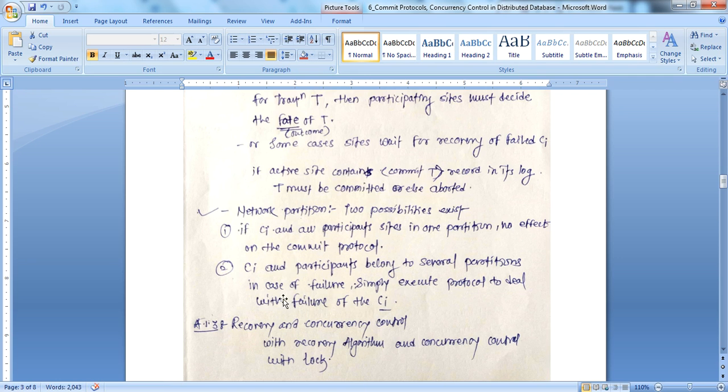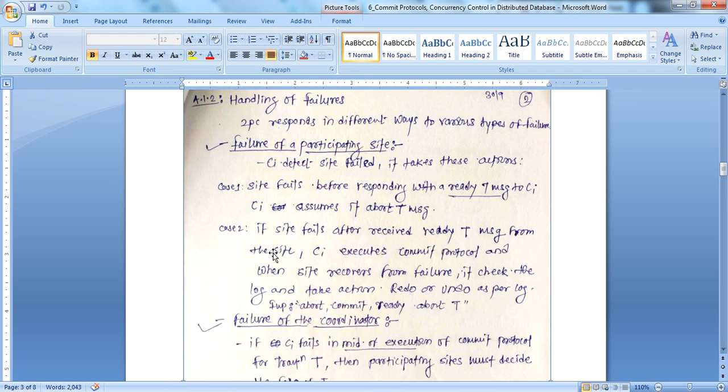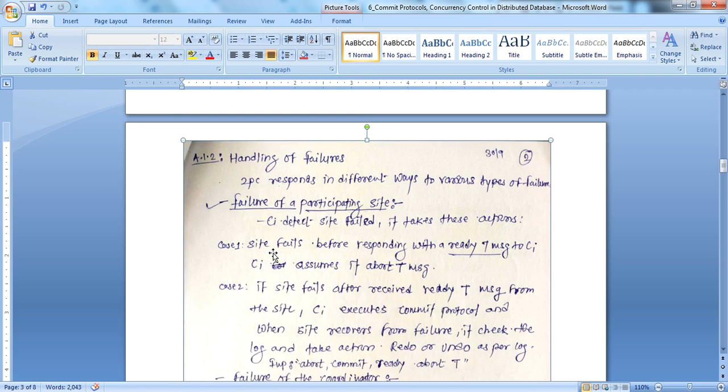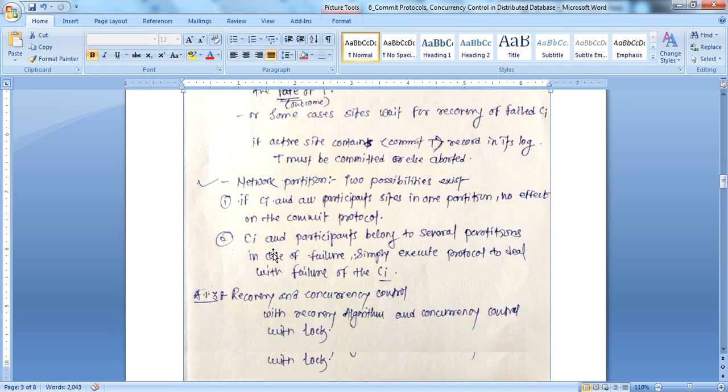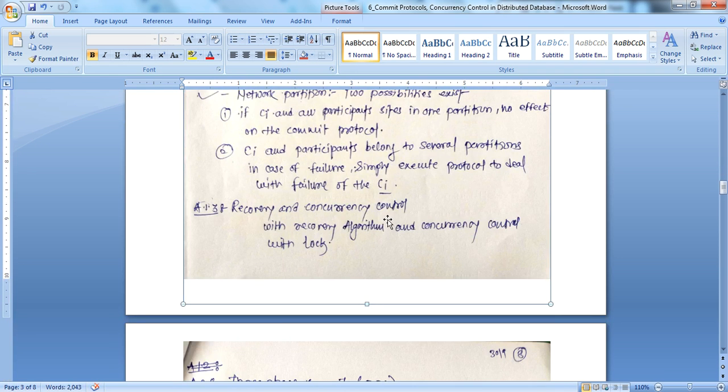So these are the three types of problems, and this is the failure handling process by the 2PC. Now recovery and concurrency control: that one is a recovery and concurrency control.